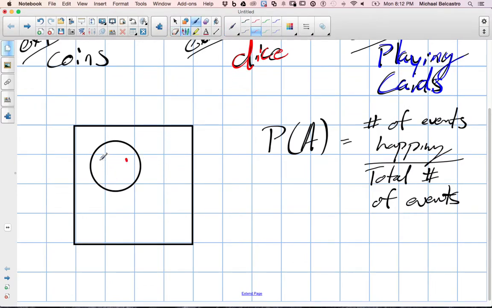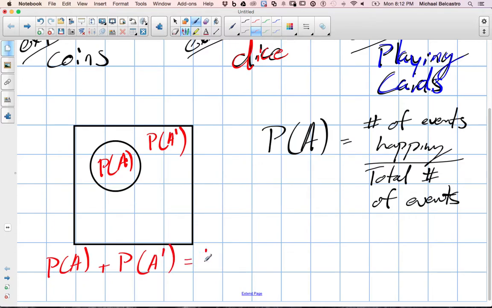Probability being the probability of an event happening over the total number of events possible, okay? And always your probability, so if I take the probability of this event and the probability of the event not happening, that'll always equal 1 or 100%, okay? So probability of the event plus the probability of the event not happening is equal to 100.